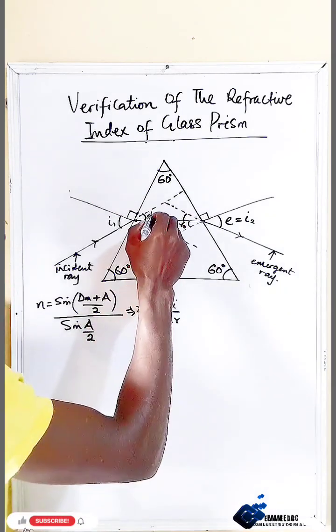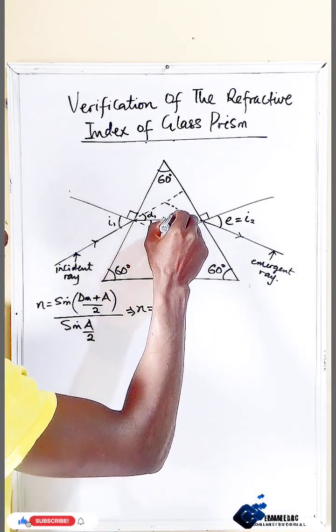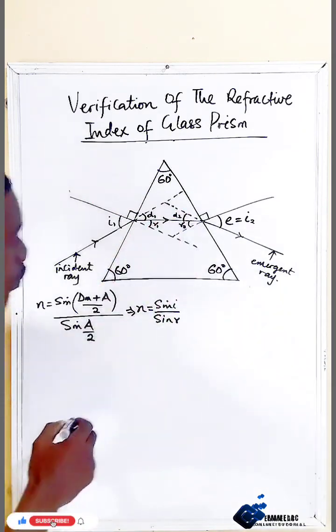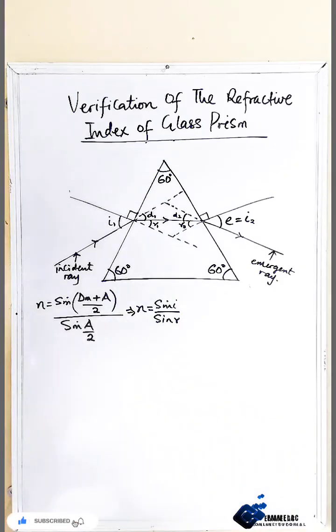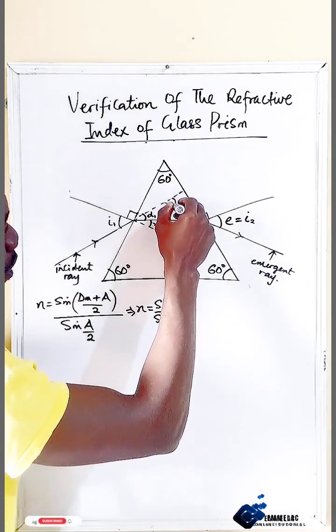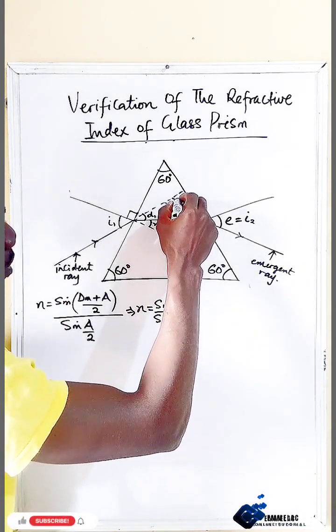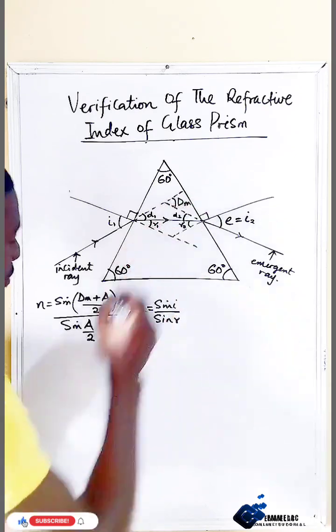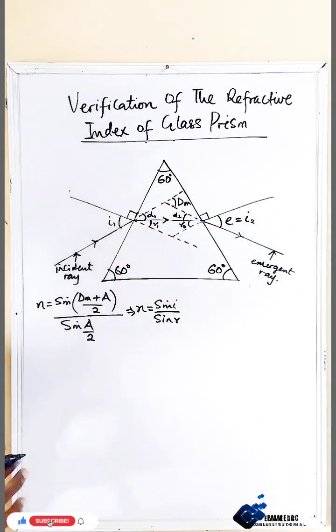Let us make this one D1 and this one D2. At this point, this angle here is what we call the minimum deviation.